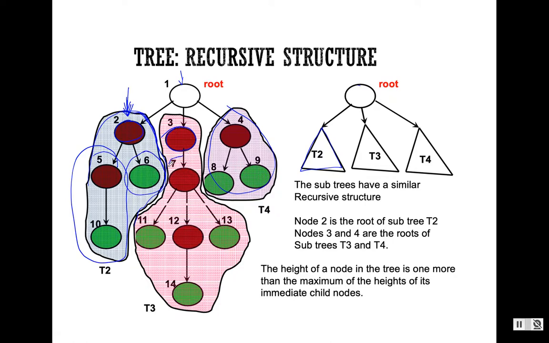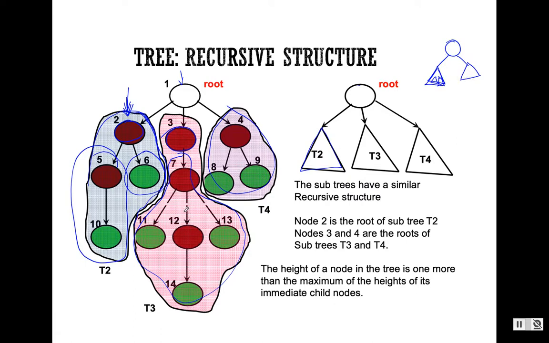Starting from 7, this is also a tree. So the data structure of a tree is a recursive structure. Starting from one node, it can have a couple of subtrees, and each subtree also contains a couple of other subtrees.